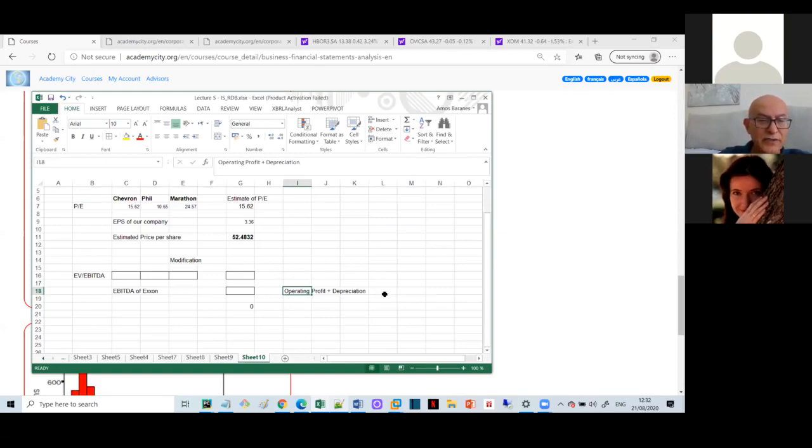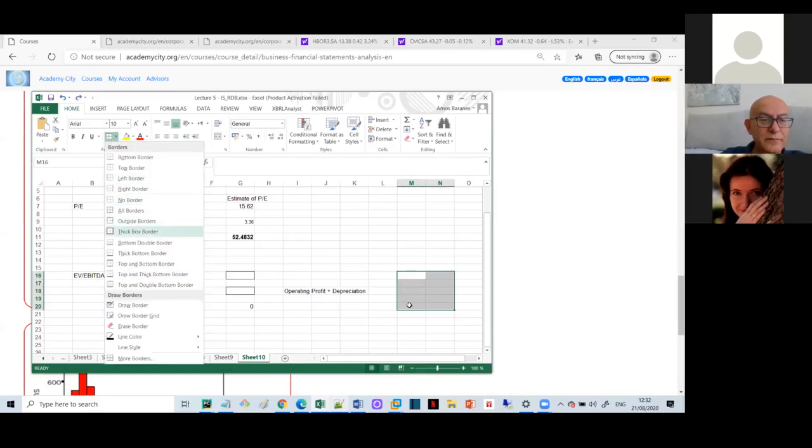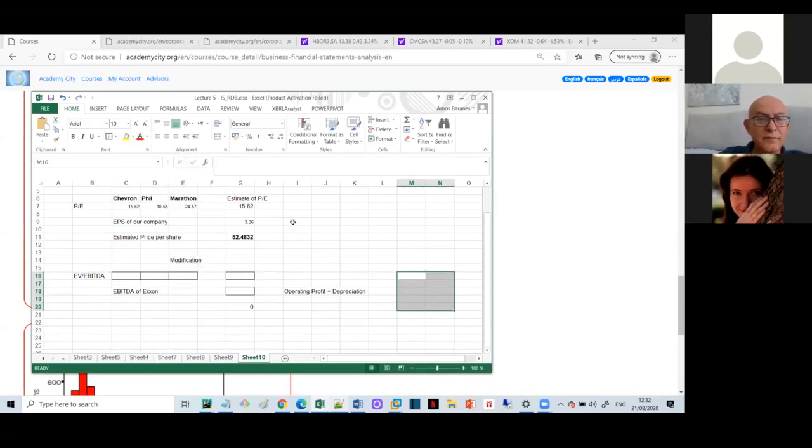So that's why you use enterprise value. It's the whole total value of the company. What do I mean by that? If I make a little picture here, here I will have total assets.